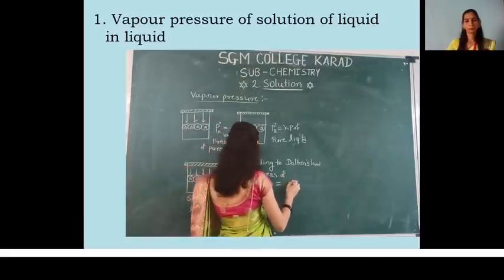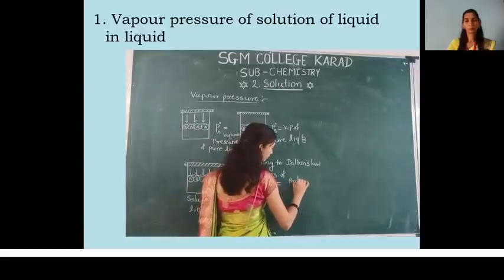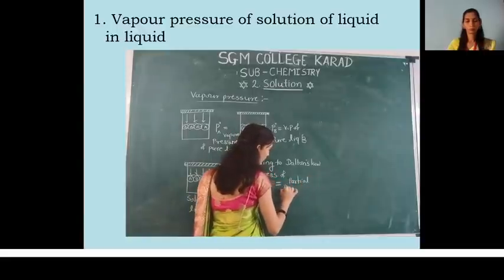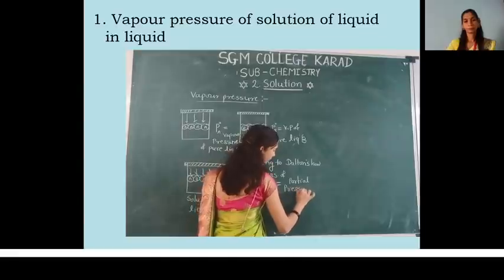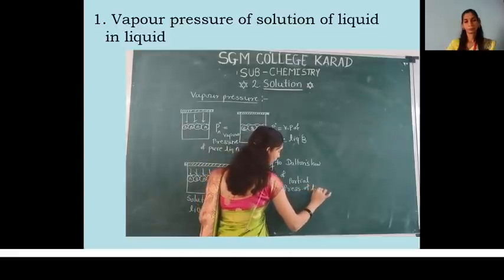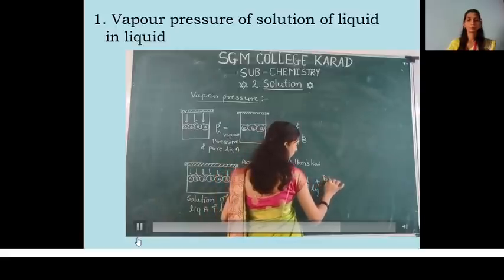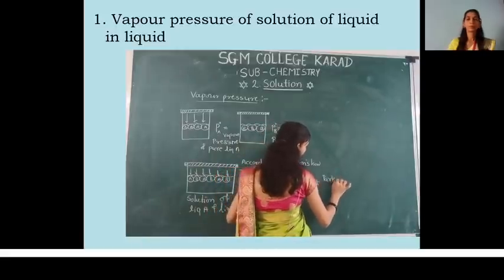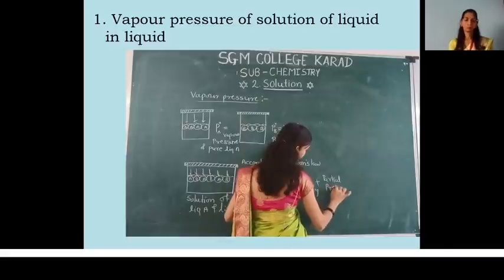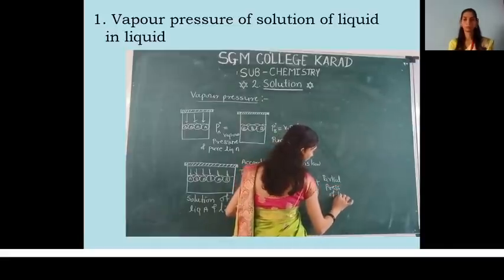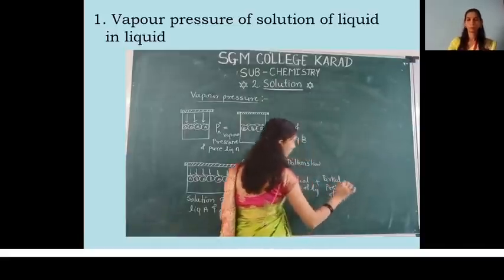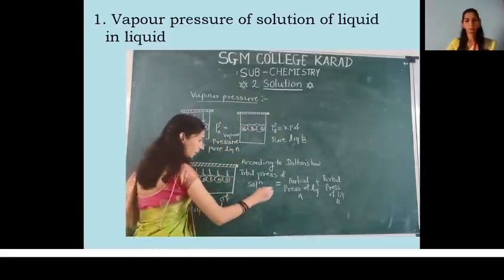is equal to partial pressure of liquid A plus partial pressure of liquid B. Liquid A आणि B चं summation घेतले.